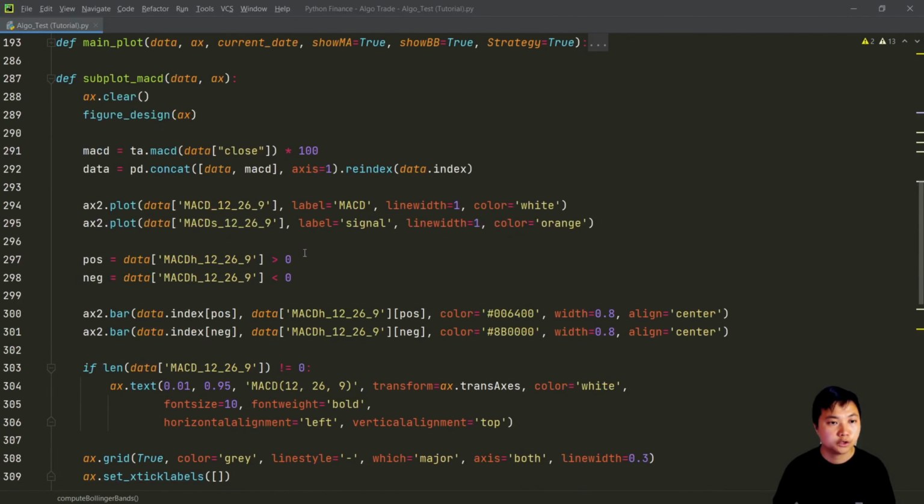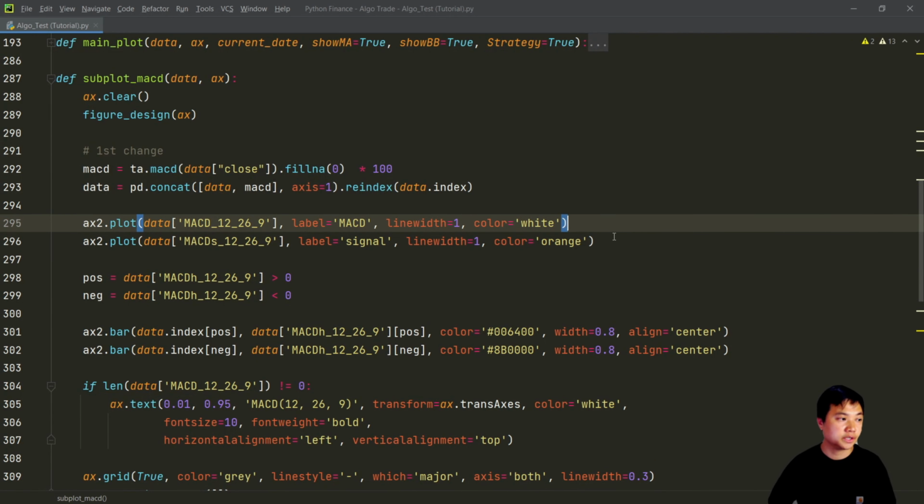If I move on to the MACD, what I need to do is to fill the NaN value with 0. This is the first change.